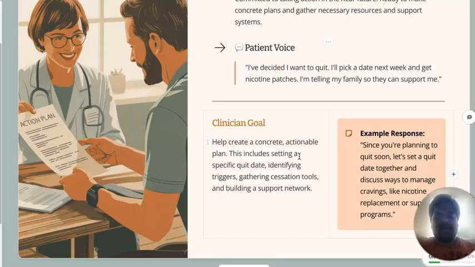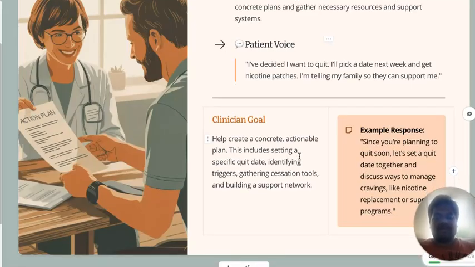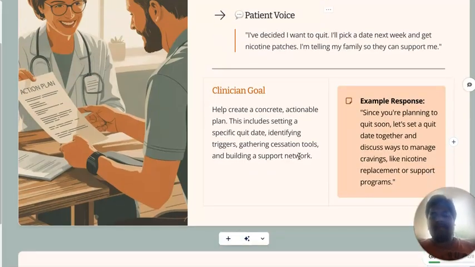You can also talk about trigger factors and help him connect to a social network for quitting smoking. You can say, since you are planning to quit soon, let's set a quit date together and discuss ways to manage cravings, like nicotine replacement or support programs. So the patient is trying to quit, but has not yet started in this preparation phase.